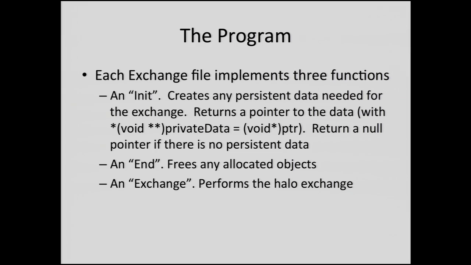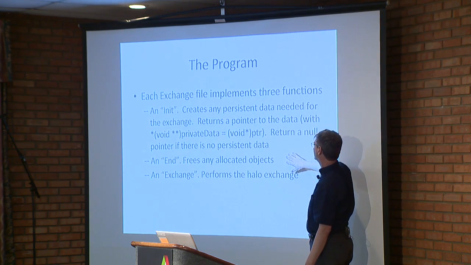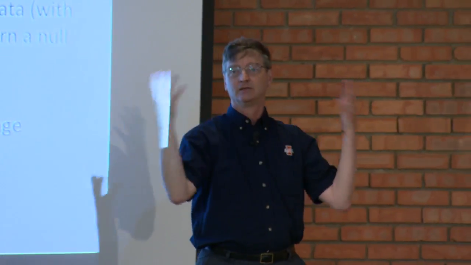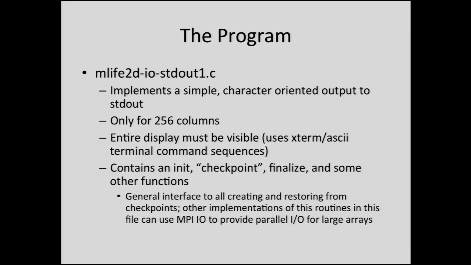And then in each of those files, there's an init, which creates any sort of persistent data. The C version can return a pointer to this data. There's an end that frees any allocated object, and the exchange that does the communication for that halo. And then just about finally, there is a routine that does character output, so you can see the life evolve in time.